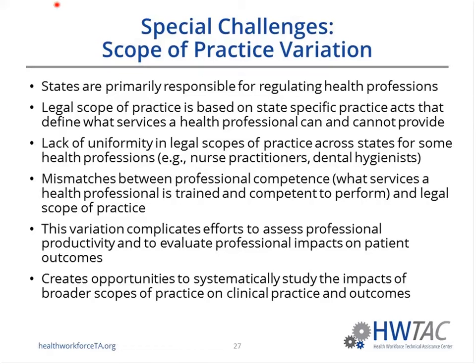And oftentimes what we find is mismatches between professional competence, and that is what a health professional is trained and competent to do, compared to legal scope of practice. And as a result, there tends to be a lack of uniformity in scopes of practice across states, particularly for some professions. Probably the best examples are nurse practitioners, dental hygienists.